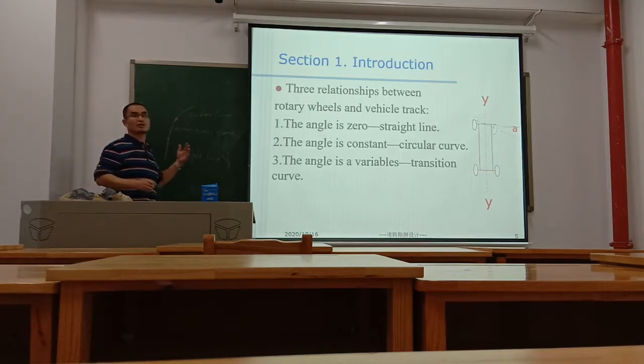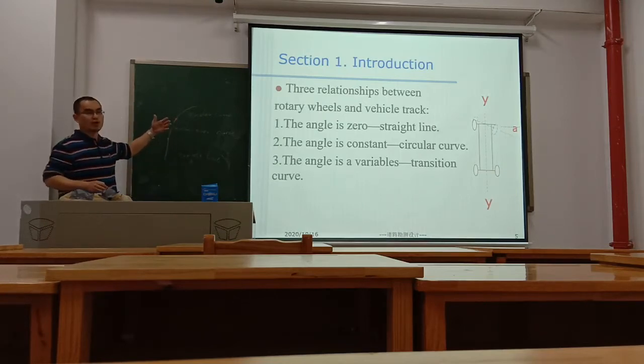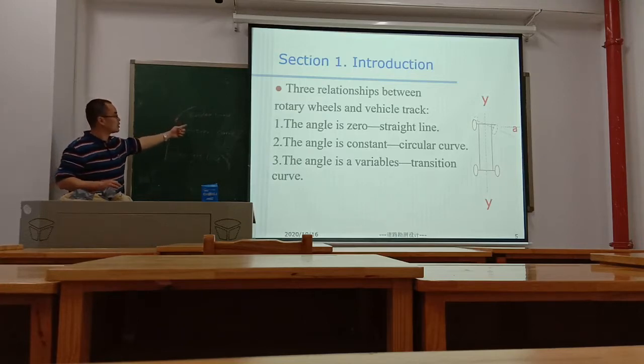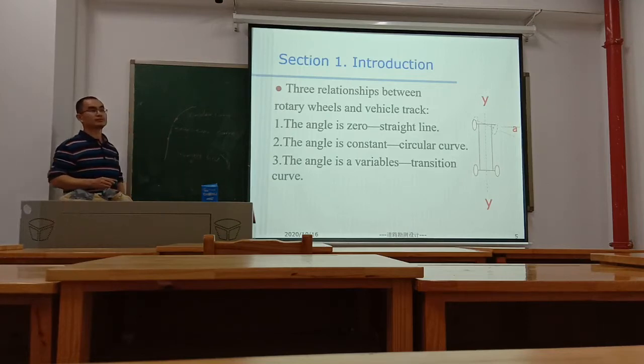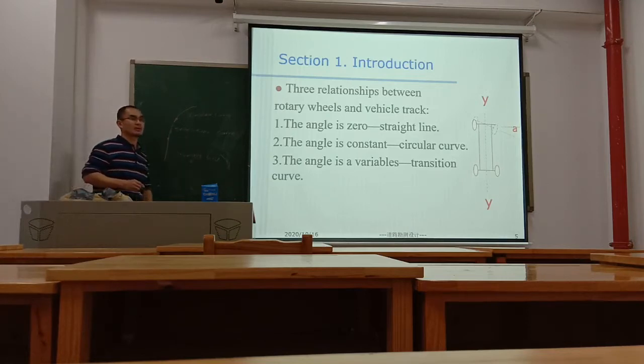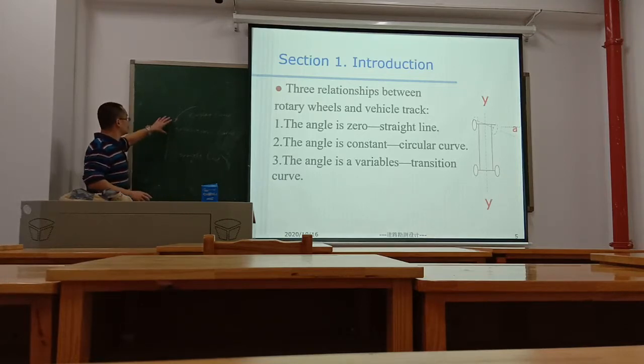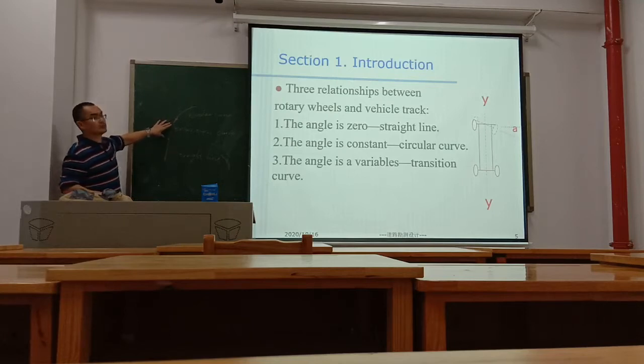This is the road route or road alignment. Road alignment is composed of direction: circular curve, straight line, and transition curve. So you must change the angle on the transition curve.